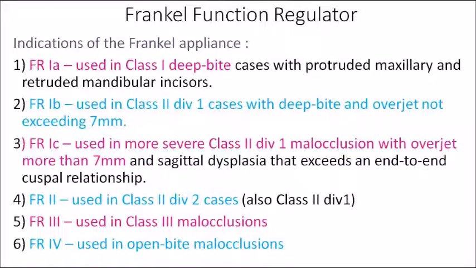So the class 2 malocclusion is a full-on class 2 malocclusion, not an end-on malocclusion, and the overjet is exceeding more than 7 millimeters. In such cases we use the Frankel's functional regulator 1C.